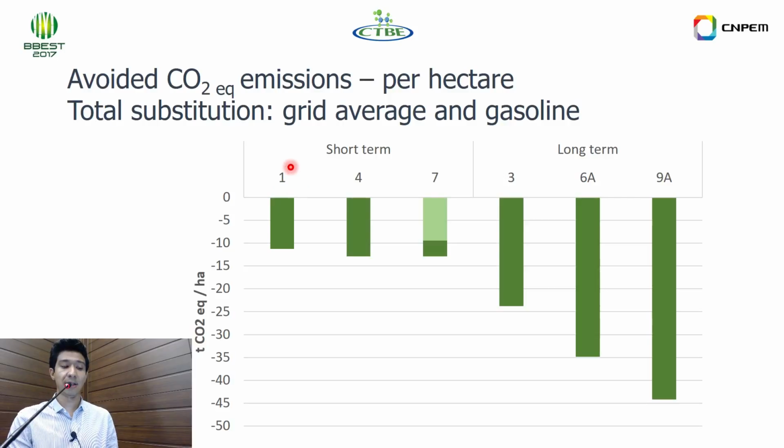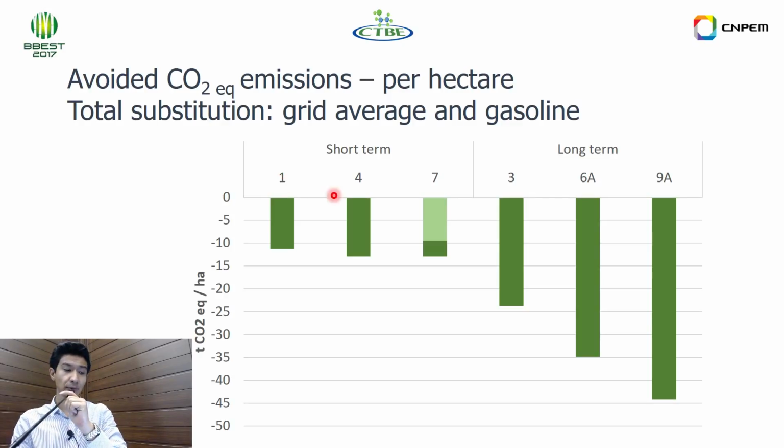In scenario number 1, by having 1 hectare of sugarcane, we can avoid about 11 tons of CO2 per hectare, considering that ethanol is substituting C gasoline and that the electricity output is substituting the average electricity we have in Brazil. So that's the result. An interesting point when you compare scenarios 1 and 4 is that the main difference is that scenario 4 produces electricity in the same area, and scenario 1 produces only ethanol.